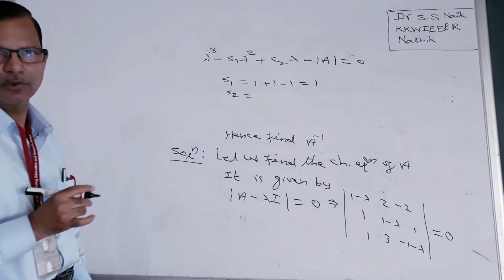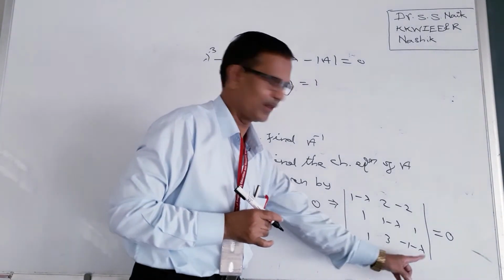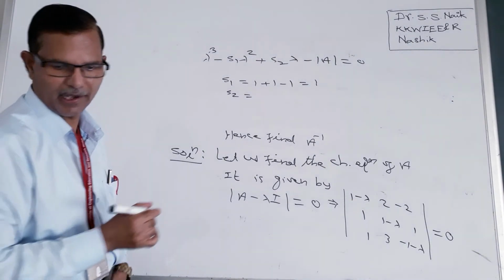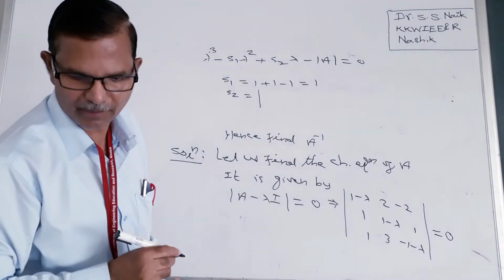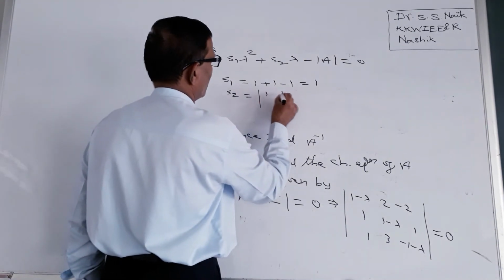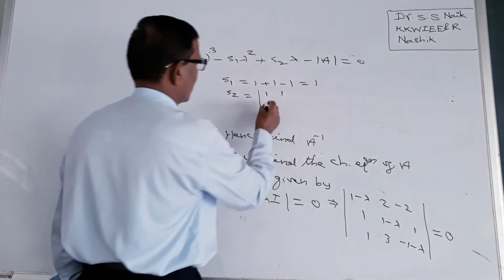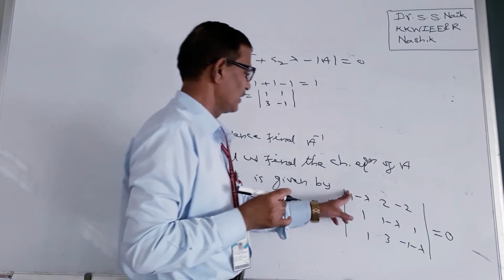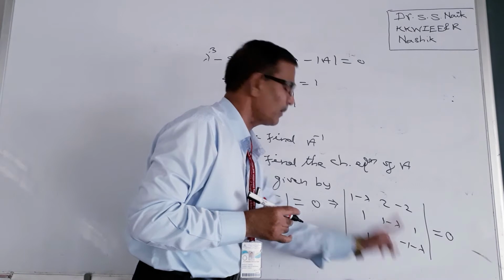S2 is equal to the sum of the minors of the diagonal elements of A. That is given by the minor of the first element: delete this row, delete this column, giving the determinant 1 1, 3 minus 1.